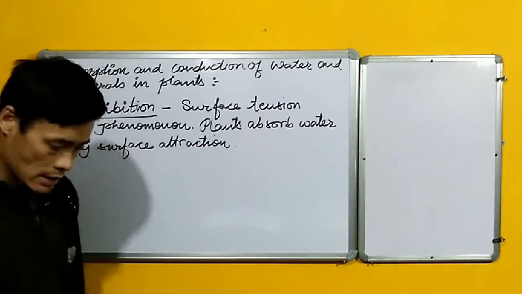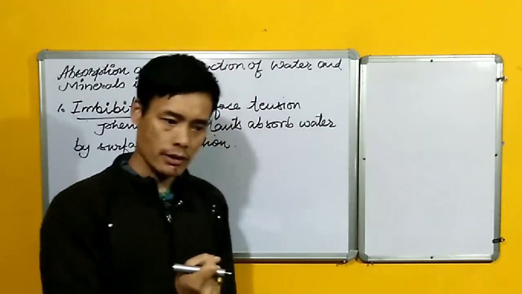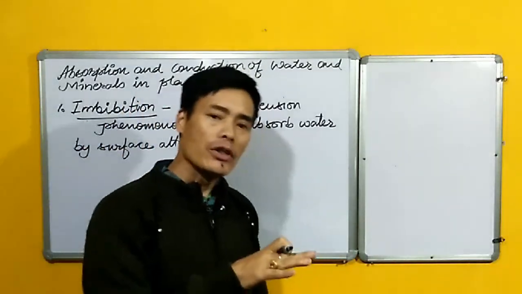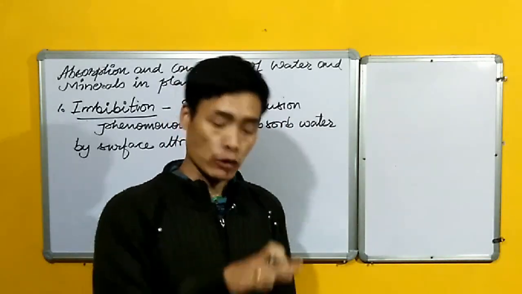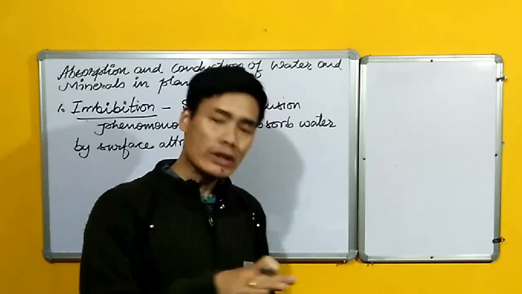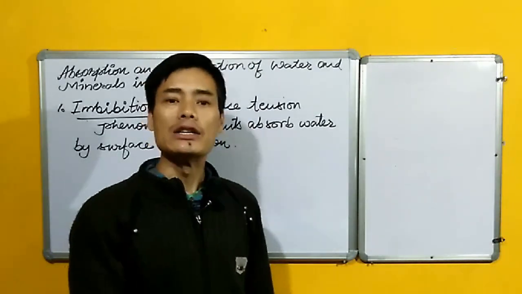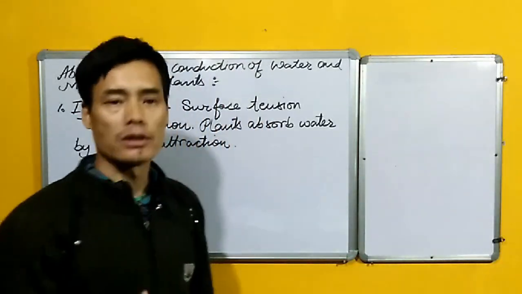It means when the plant is taking in water, first of all, the water lands on the surface of the plant body, that is the root. Now slowly from the root surface, the water gets into the interior cells of the root.